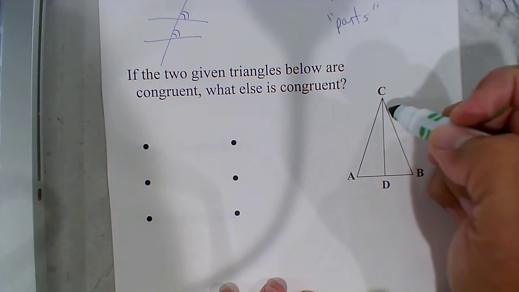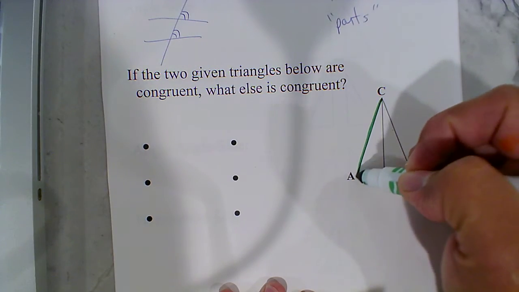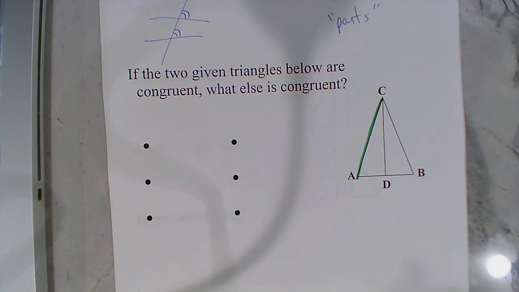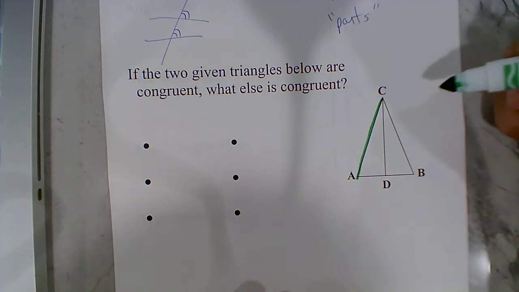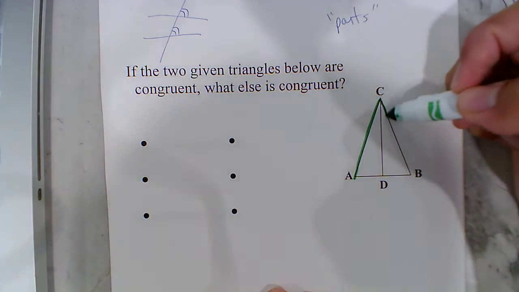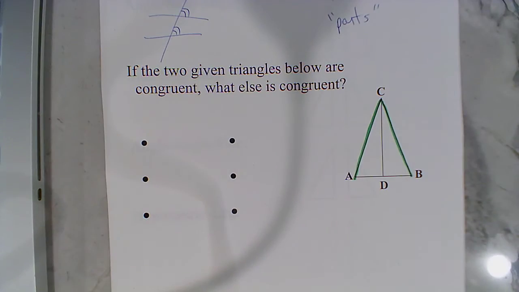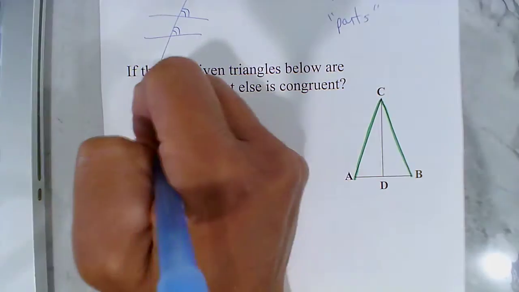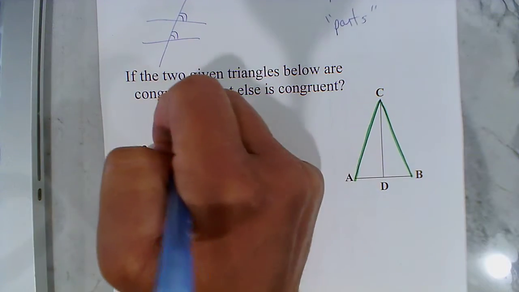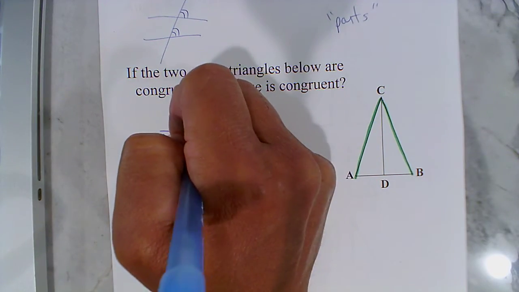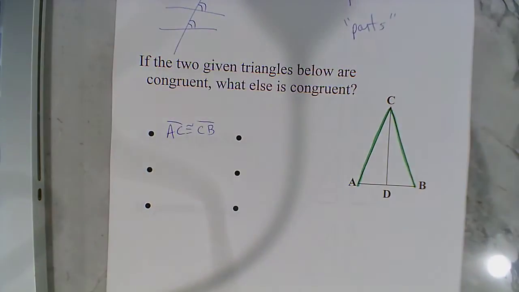So if we looked at this, what side would be congruent to AC if you flipped it over? And the answer, as you probably suspect, is BC. So that's the first thing I'm going to write here, that AC is congruent to CB. And what would be the next pair of sides I can talk about?